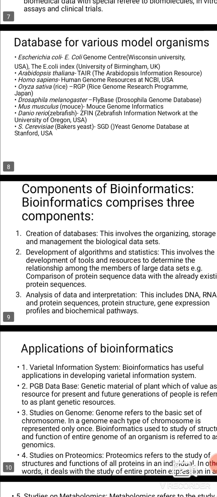The databases for various model organisms. Examples are Escherichia coli, E. coli Genomics Center. Then Arabidopsis thaliana, TAIR. Then Homo sapiens, that is Human Genome Resource at NCBI, USA.